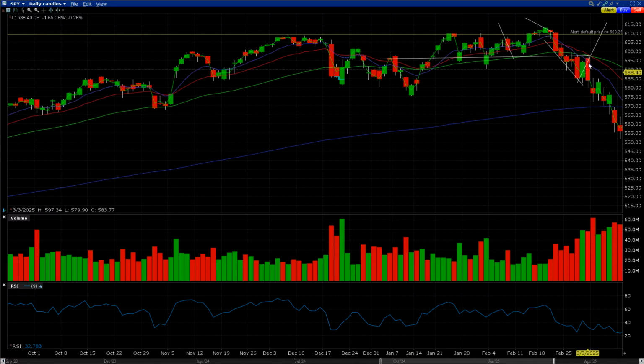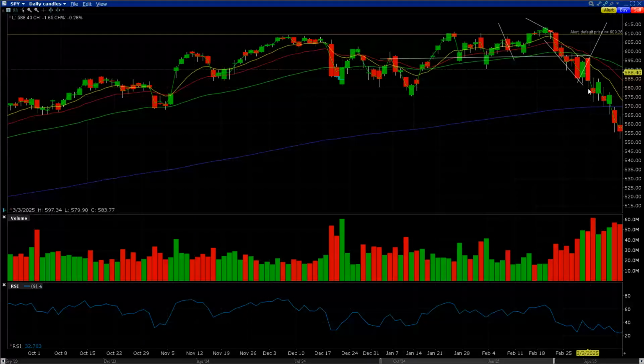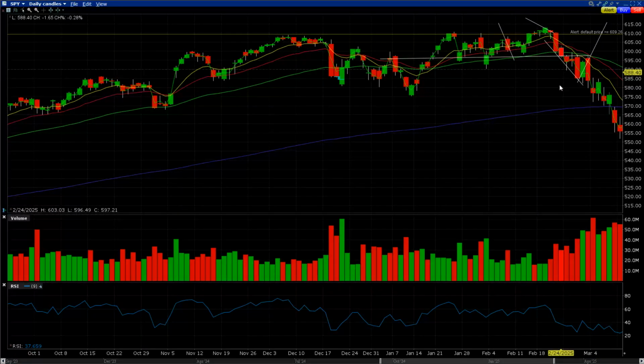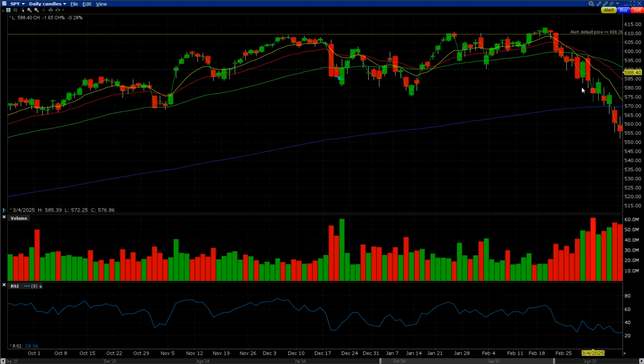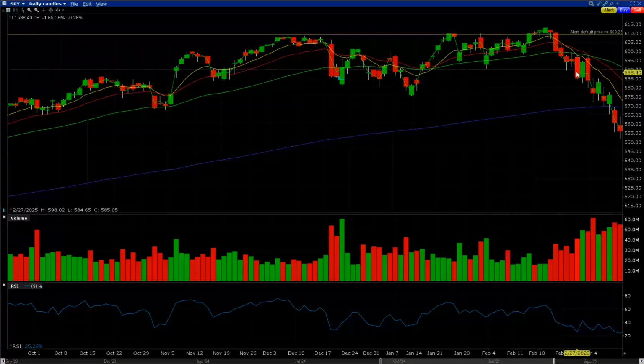Okay. What they did is then they trapped them and then had an all-day mode 1 sell day, creating an outside bar. Okay. Now, it did not close. Let me get rid of this. The low here was 584.65.